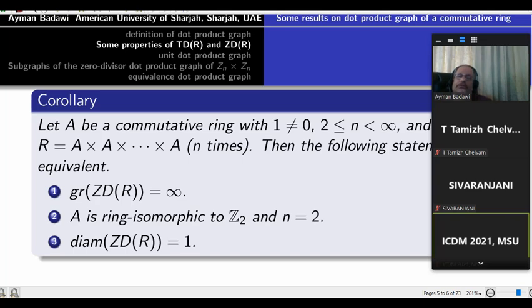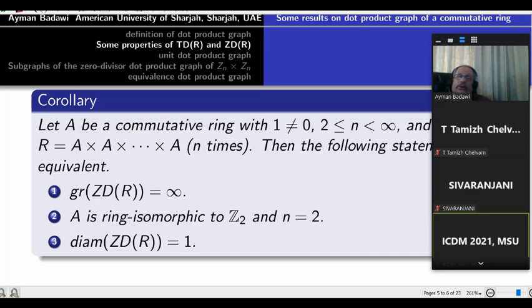Here also the same problem: what about if the girth of the zero divisor graph is infinity? Then I know that this ring A, remember that R is n copies of A, will be ring isomorphic to Z2, and this n has to be 2. The diameter of the zero divisor graph equals 1.